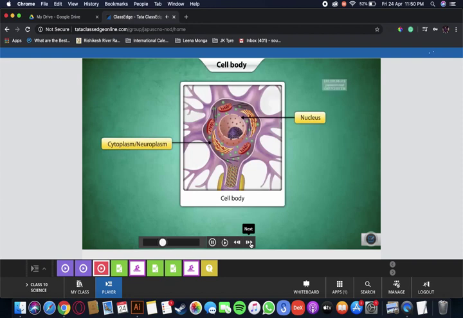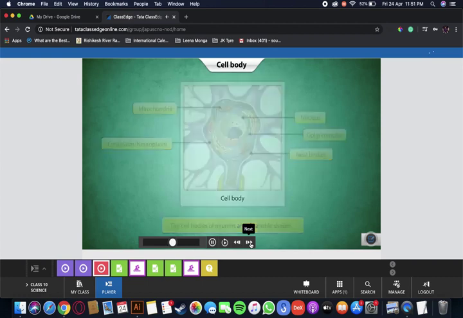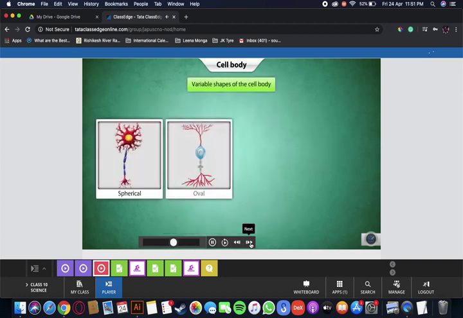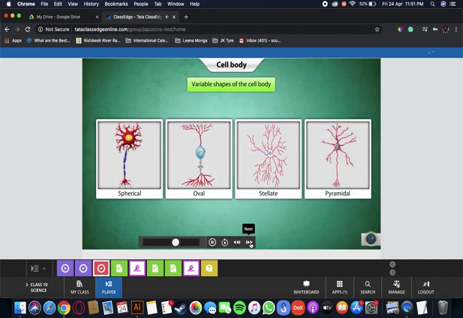Neuroplasm includes typical cellular organelles such as Golgi complex, Nissl bodies, and mitochondria. The cell bodies of neurons are of various shapes depending upon their location and function in the body. They may be spherical, oval, stellate, and pyramidal in shape.